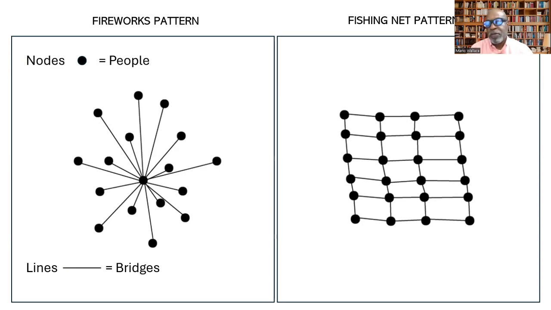If you look at this particular pattern, it looks like a fishing net. It looks like a net. Everything is connected all the way through into this particular square. But if you look at this, if information goes in, it's hard for information to leave out. And the whole thing of the fishing net pattern, the concept of the fishing net pattern, is redundancy of information.